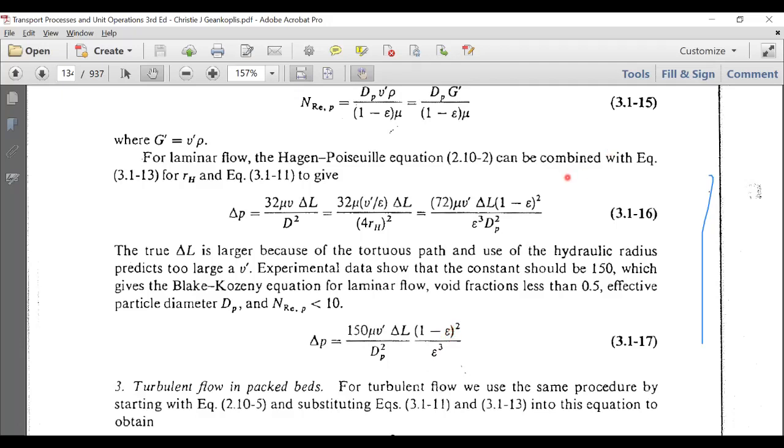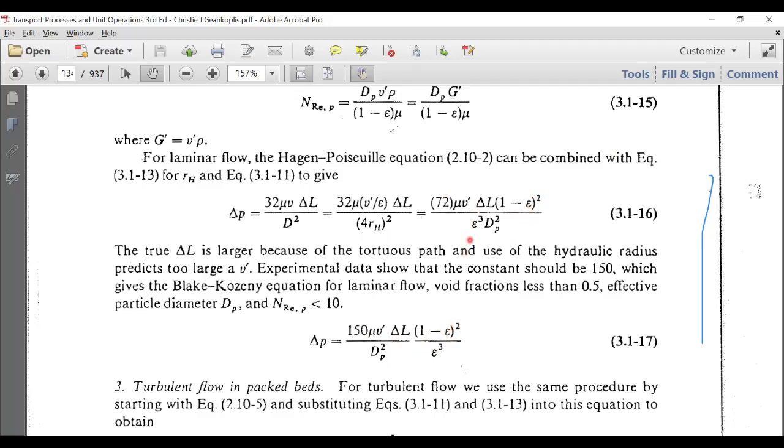For this one, it doesn't have any restriction for the epsilon value. They said it's only for laminar, but there is no restriction for epsilon value. The other is for laminar, and there is also a restriction for the epsilon value, which must be less than 0.5.